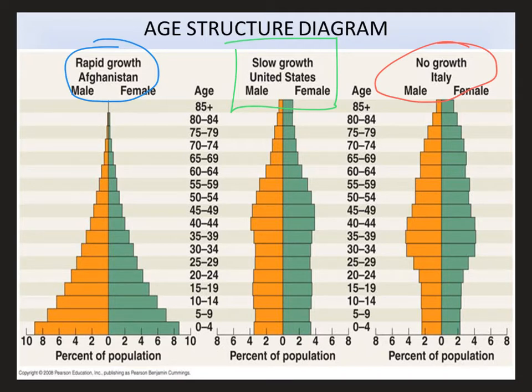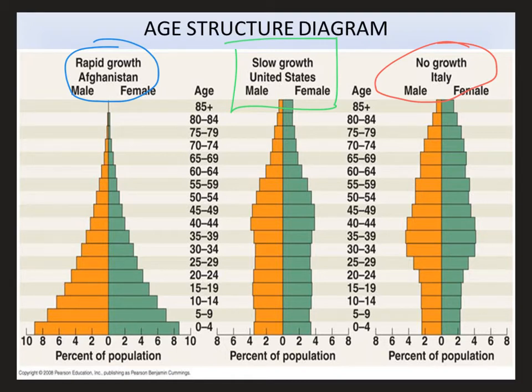You still have reproduction at the bottom, slightly above replacement level fertility. And then you can see that you have this sort of bulge in the middle that's representative of the baby boom. And you can see there's a lot higher percentage in their 50s and going into their 60s.